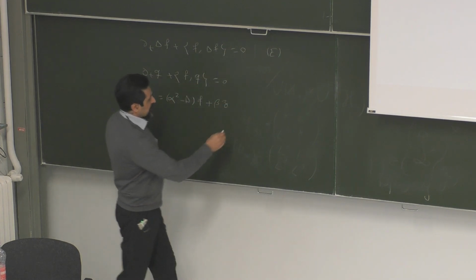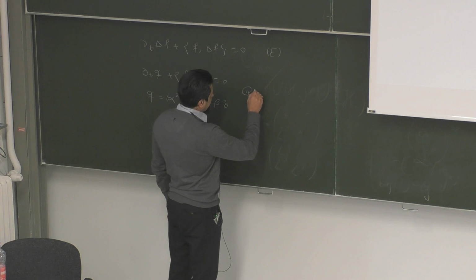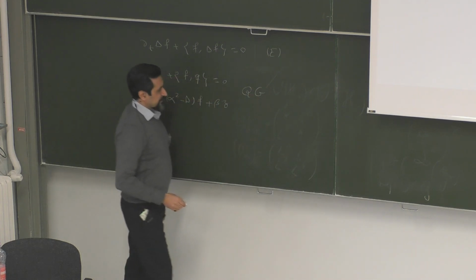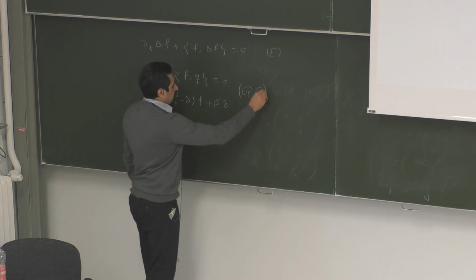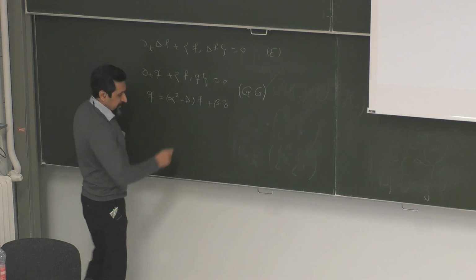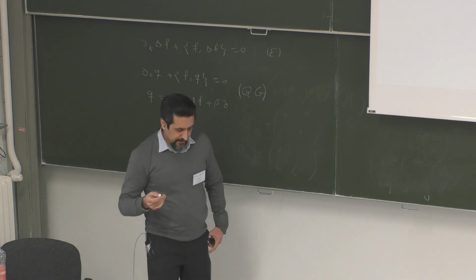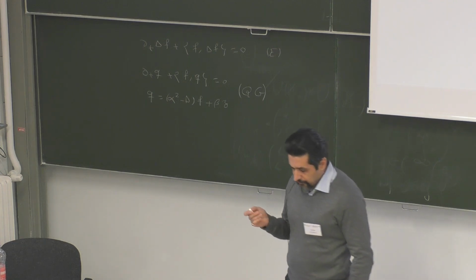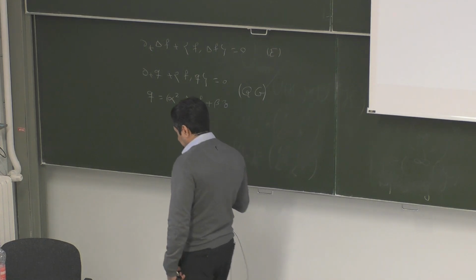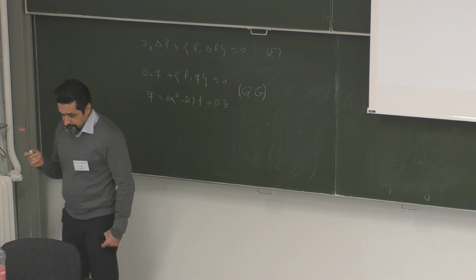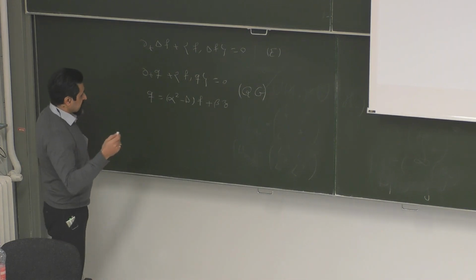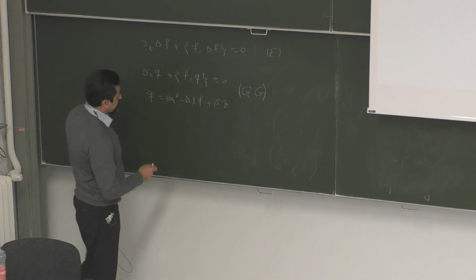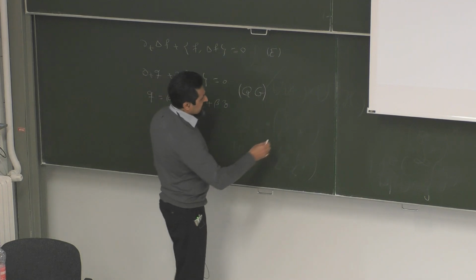This is called the quasi-geostrophic equations. So alpha and beta are constants. Beta comes from the approximation of Coriolis forces linearly with respect to distance from the equator, and alpha is called the Froude number, I guess.